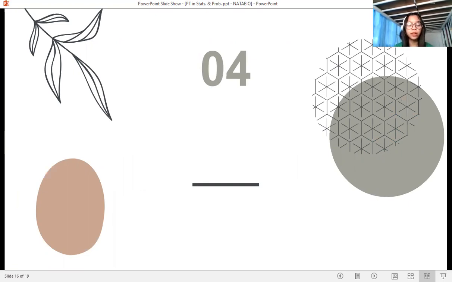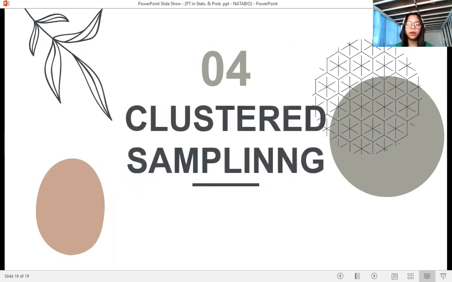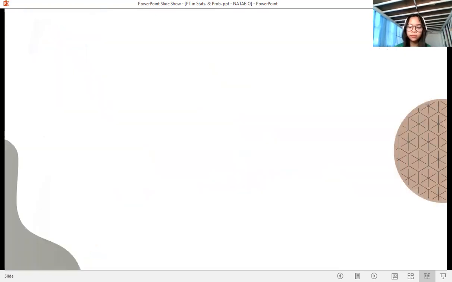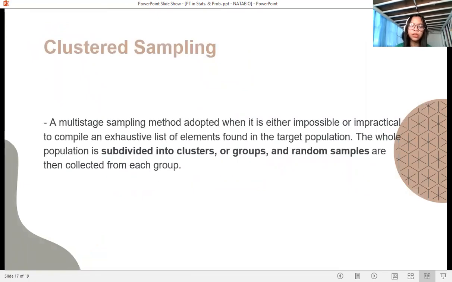This is the last but not the least sampling method. Our fourth sampling method is cluster sampling. Cluster sampling is a multi-stage sampling method adopted when it is either impossible or impractical to compile an exhaustive list of elements found in the target population.